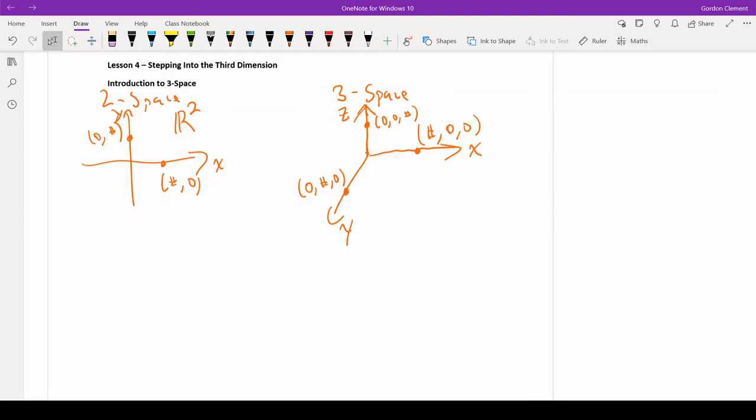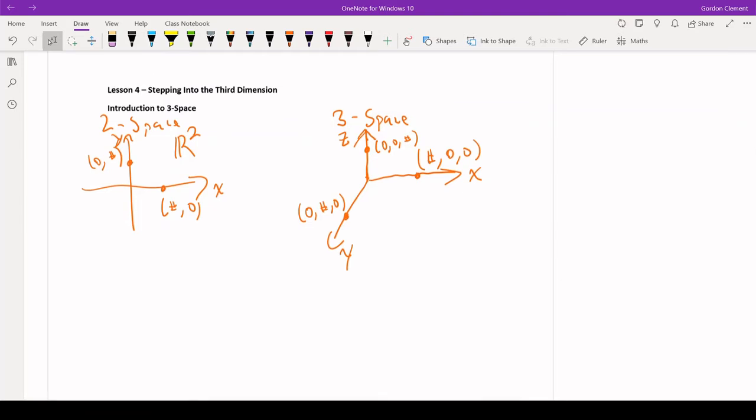We also have 3 main planes. So we have what's referred to as the XY plane. If you have some point on the XY plane, the key thing is the x and y can be numbers, but the z has to be 0.